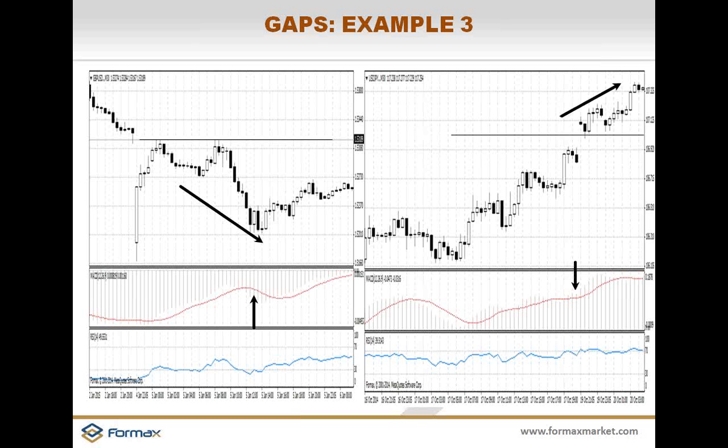And that same thing can be noticed in the right hand side example, where the market was going into an uptrend and it opened with some sound quantity of gap, but it tried to recover and was not able to succeed. So ultimately the trend remained the same, and that same thing can be seen in the MACD as well. In the downside, you can see that the MACD indicator is going the same way it was earlier.